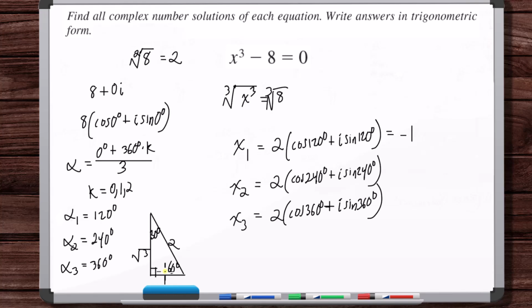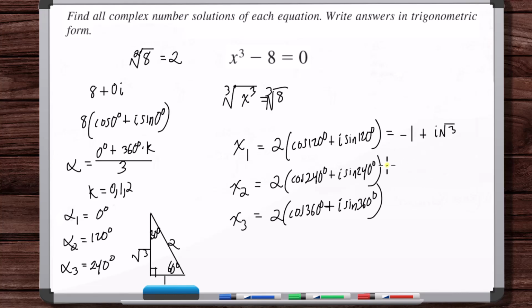Sine 60 is going to be, in the second quadrant, root 3 over 2. So plus I root 3. Oh, wait, I didn't do this right. Hold up. When k is equal to 0, you've got 0. So it's going to be 0, 120, 240. So, okay, well, we got this one.